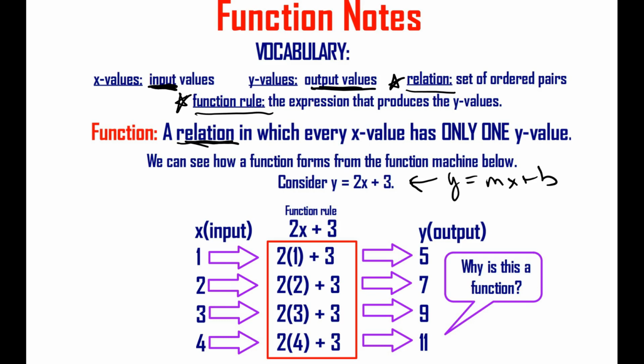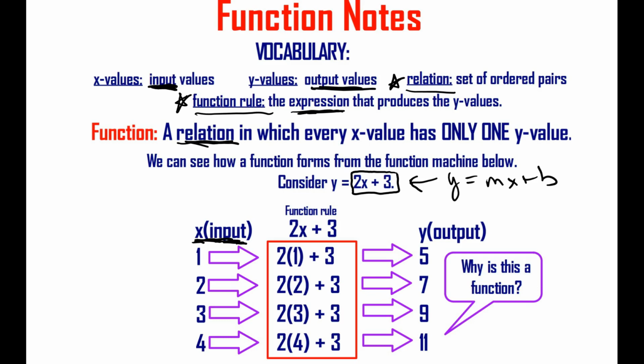So when I input 1 into the function rule, which is the expression that produces the y's. So what's the expression that produces the y's? This is my function rule. My function rule is the expression that produces the y because y is equal to 2 times x plus 3. So when I input an x value, again, vocabulary is very important for this unit.